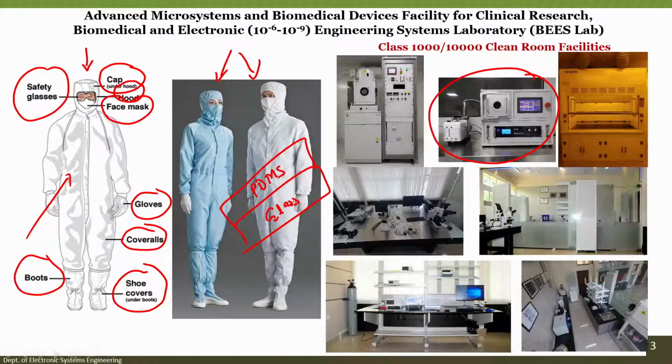This process is called anodic bonding or oxygen plasma bonding. Two different things: anodic bonding is when you bond silicon with glass, and oxygen plasma bonding is used when you want to bond PDMS with glass. The PDMS with glass is used for several applications, and one of those is for microfluidic devices.